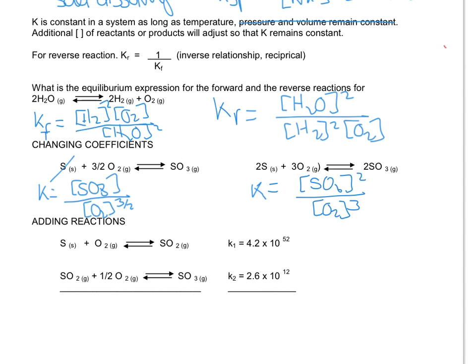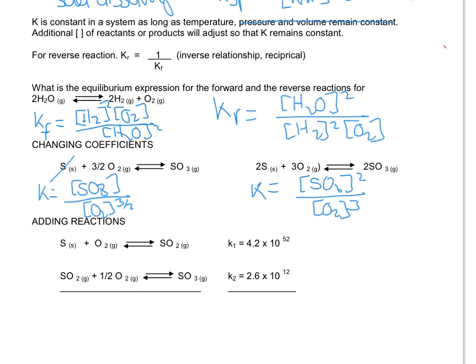Look at the two K's. Doubling your reaction, multiplying it by 2, will make the equilibrium expression squared. If you triple it, then the equilibrium expression would be cubed. If you quadruple it, then the equilibrium expression would be to the power of 4.